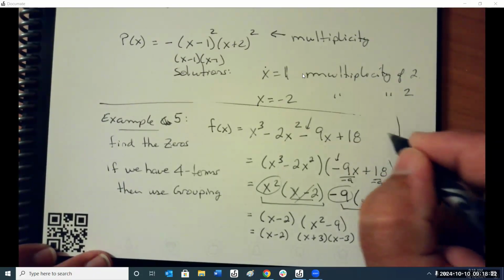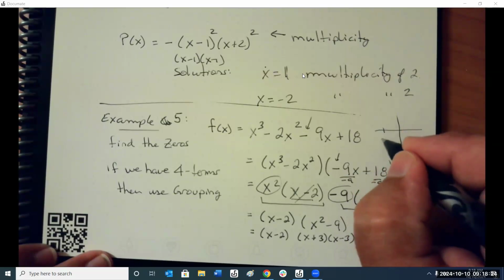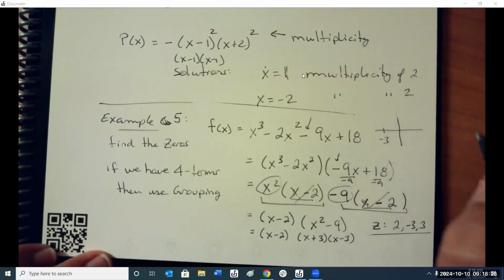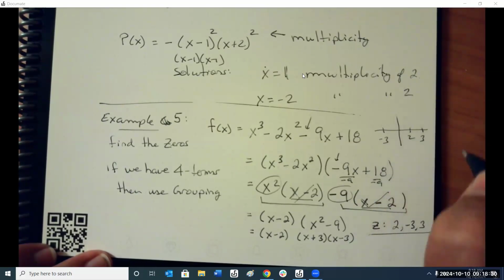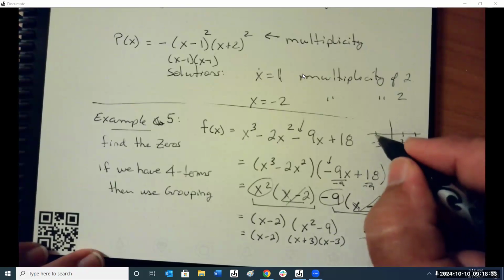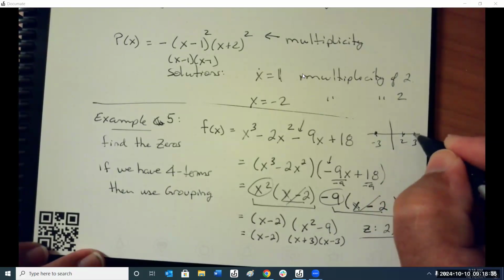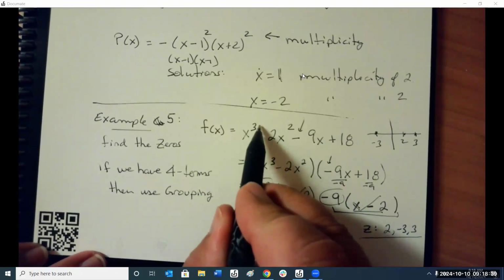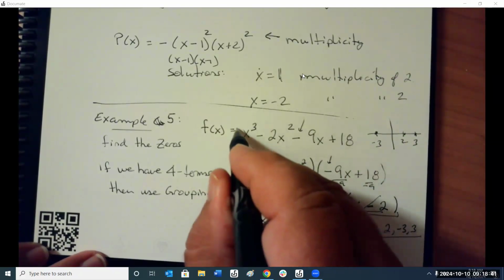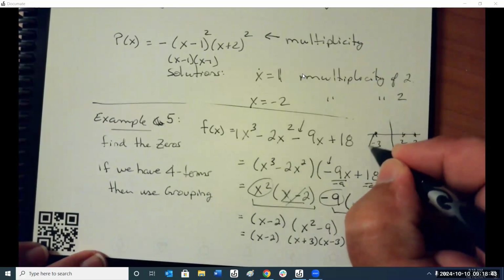If we look at a graph, we have negative 3, positive 2, positive 3. Those are my intercepts. Those are my zeros. It's an odd function, so the ends point in opposite directions. Leading coefficient is a positive 1, so they're opposite directions.